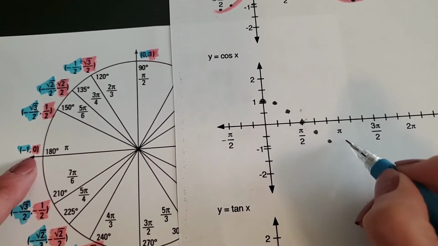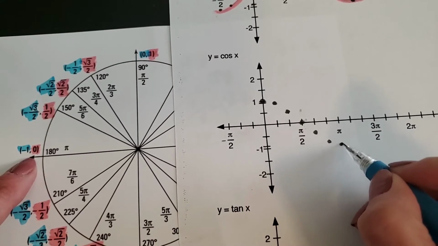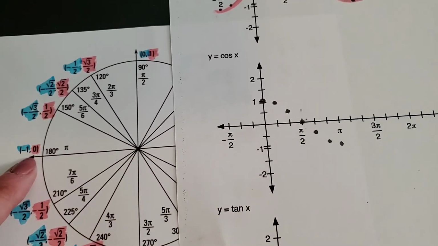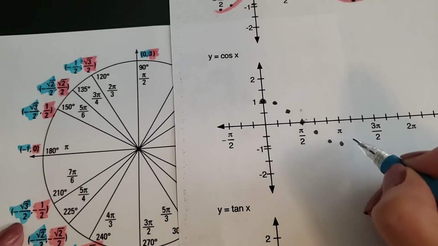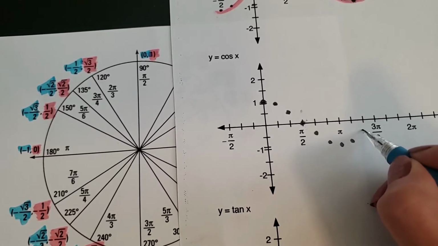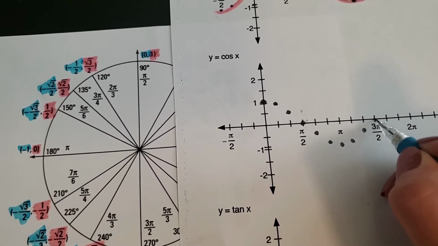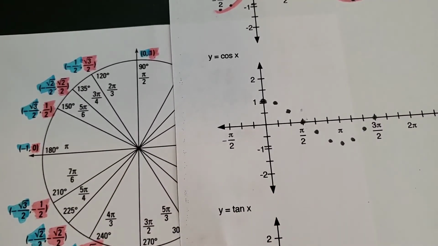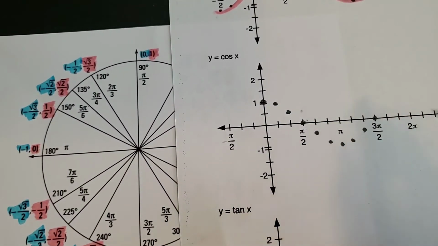At pi, we're at -1, and this should start to feel really familiar. This, in fact, feels a whole lot like the sine function, doesn't it? Same values, it's going below and coming back.